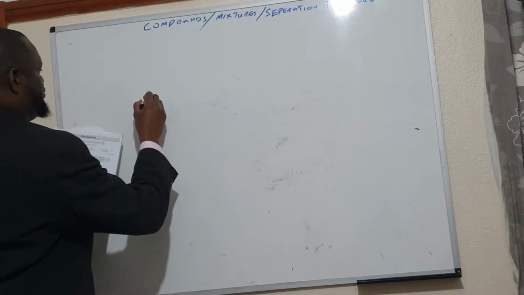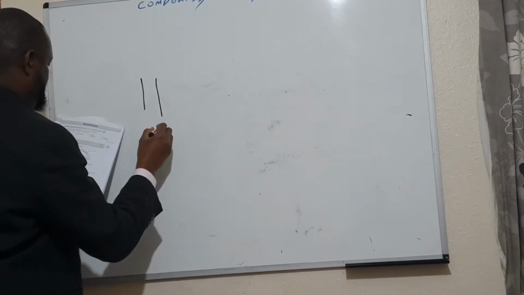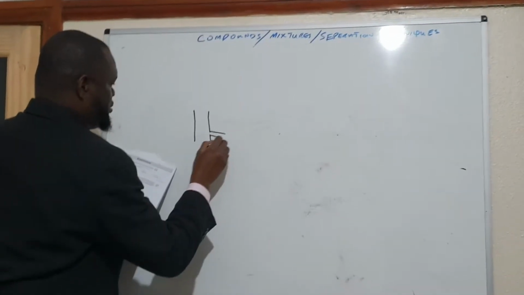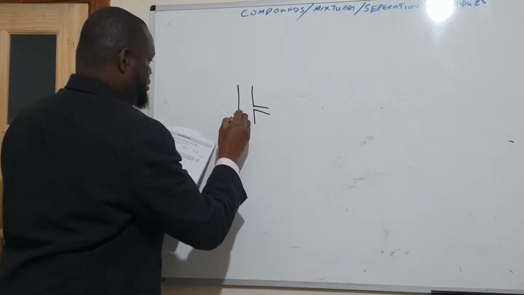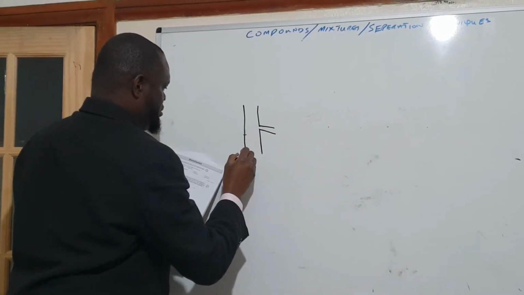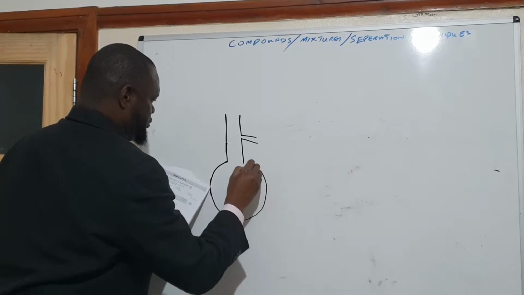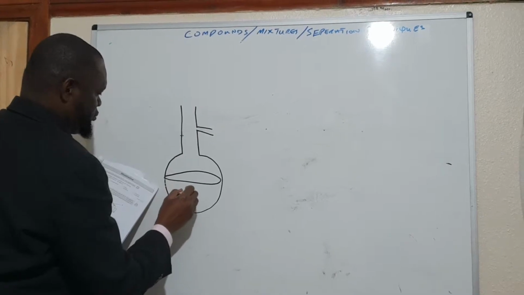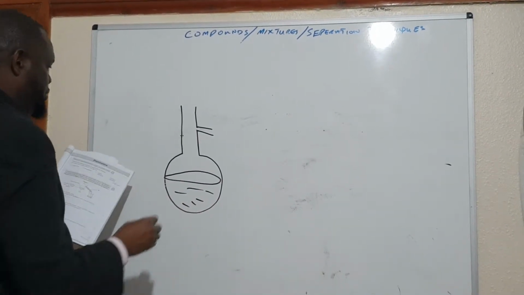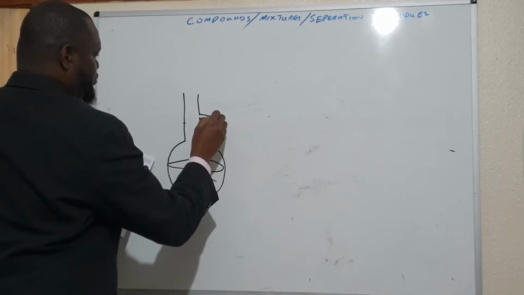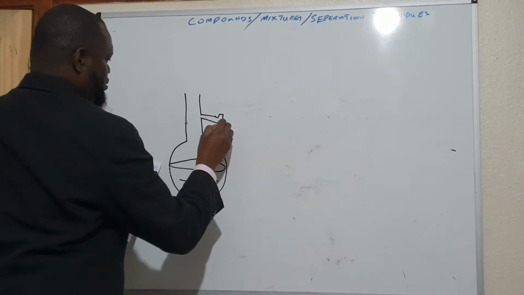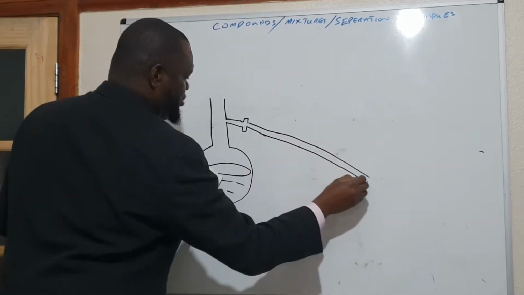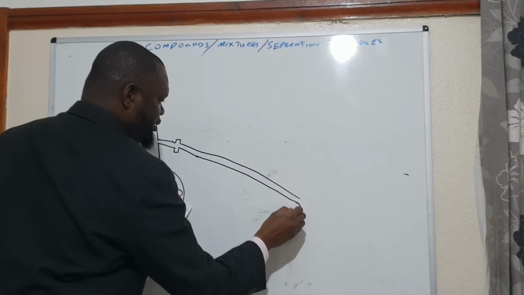First of all, there's a flask, and there's a liquid here. So my hand is not straight.